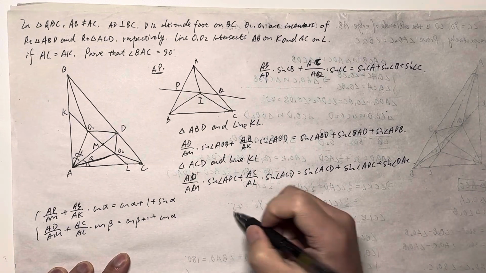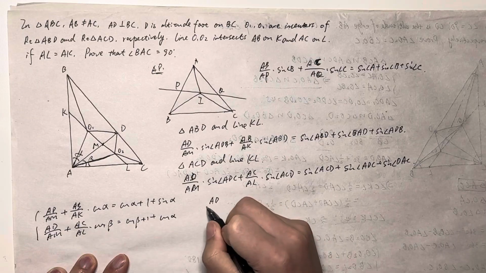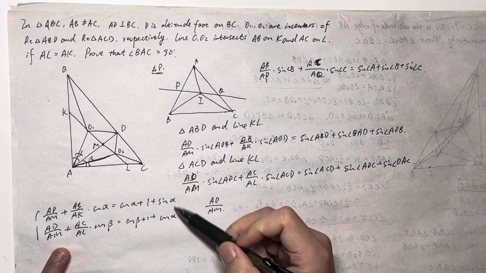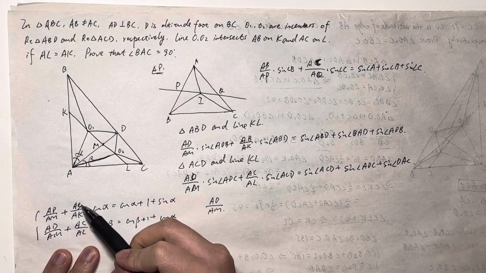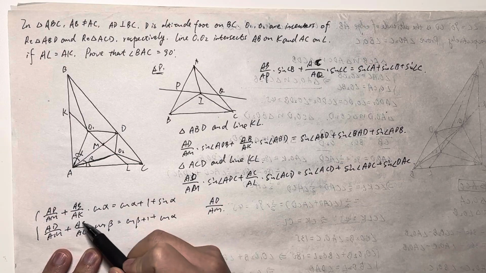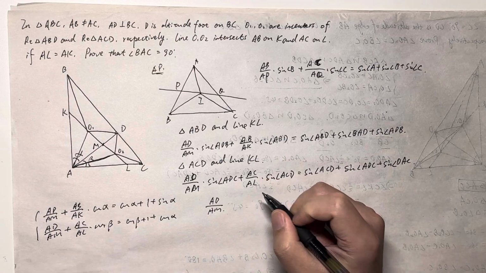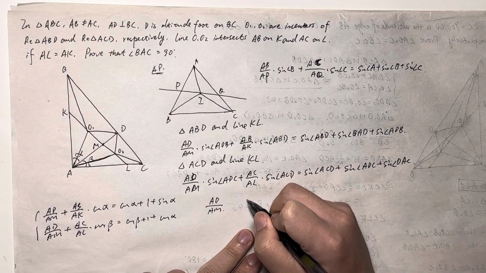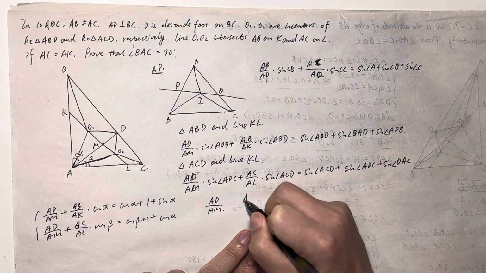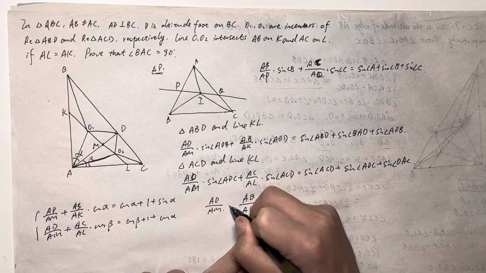We already know that AD to AM is a common term in both equations, and AB to AK, here is AC to AL. We know that AK equals AL, right? So we can just use AB to AK.